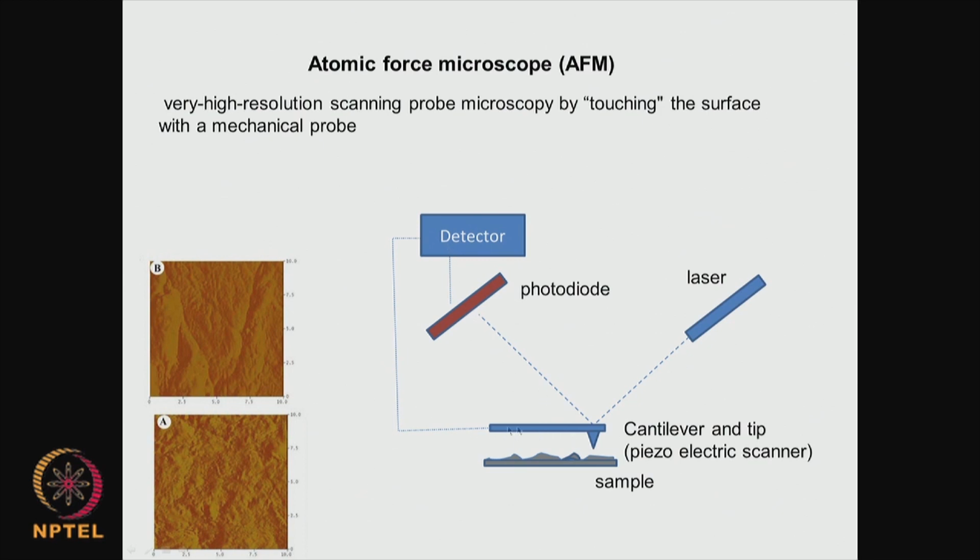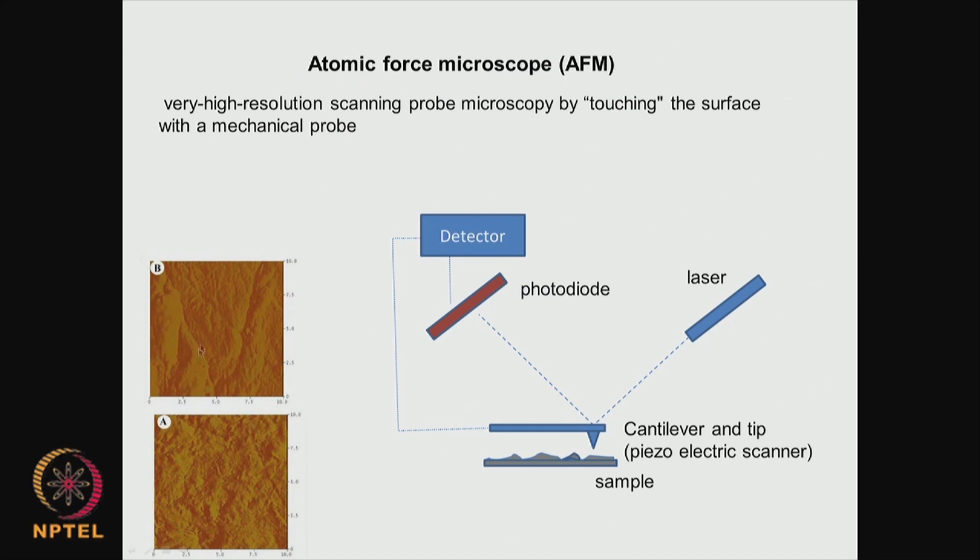This particular cantilever moves all across the surface of the sample, and its upward and downward movement is captured, and that is a measure of the surface topography or surface changes. And this is what the picture is, and we can get it in nanoscale.